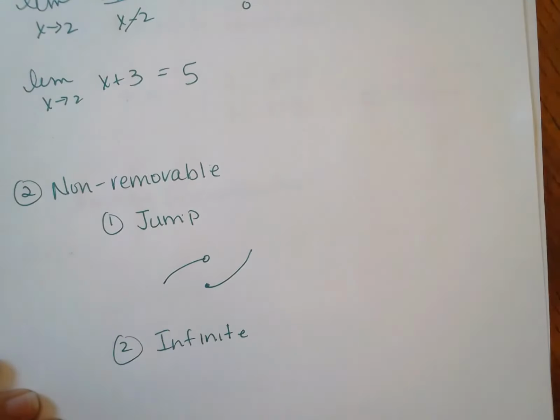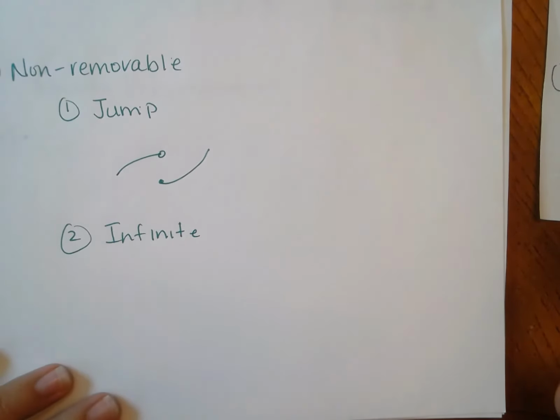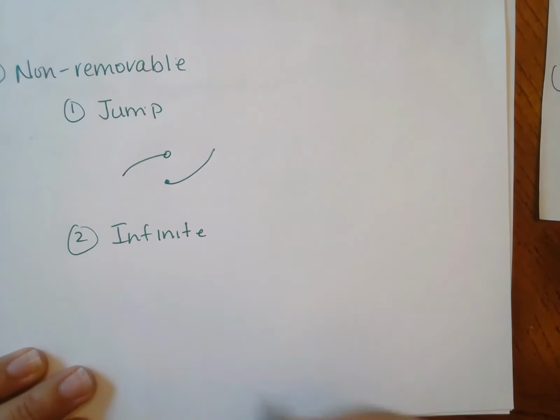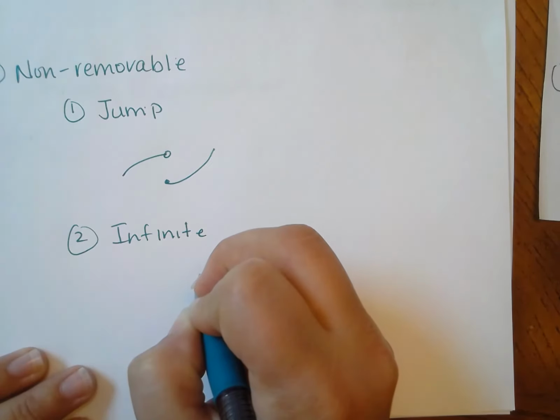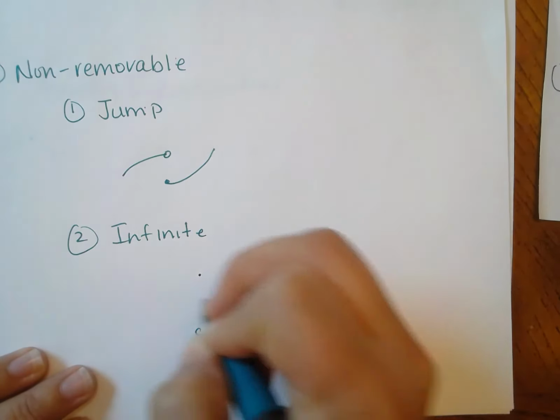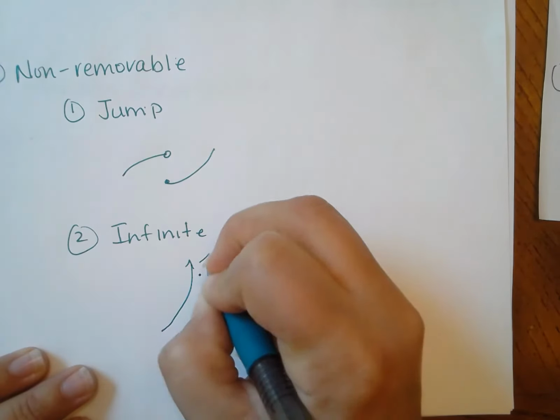Okay. The last one, I haven't drawn a picture of it, but we've definitely seen it when we've looked at vertical asymptotes: a limit that is infinite. And again, this is not fixable. A limit that is infinite kind of looks like this: if this is my value c, then maybe I have this going on around c.